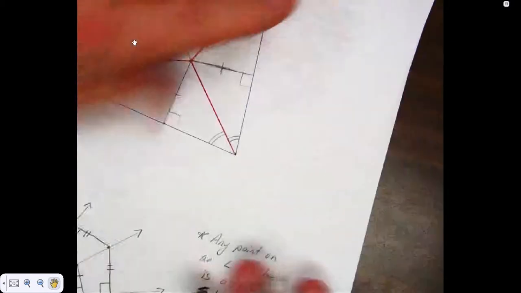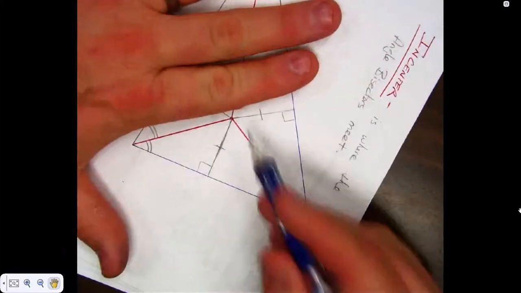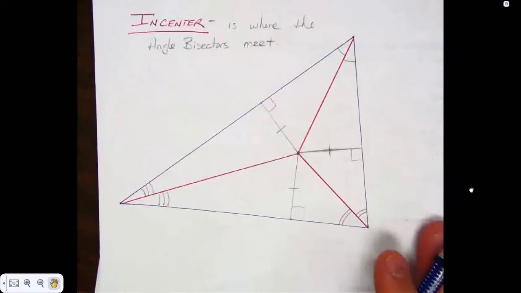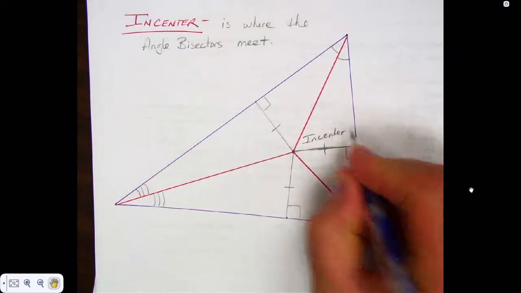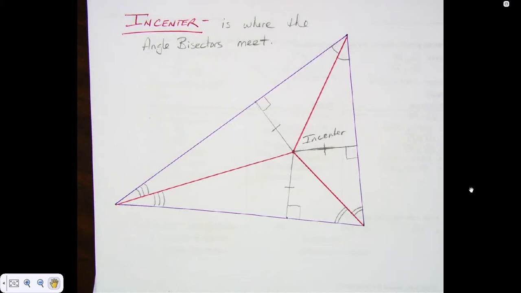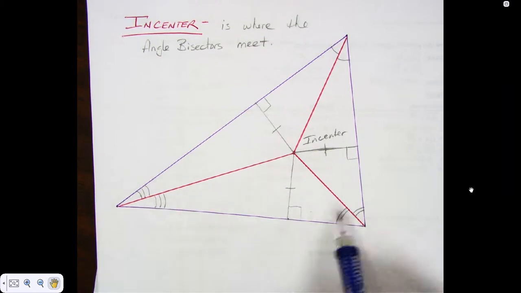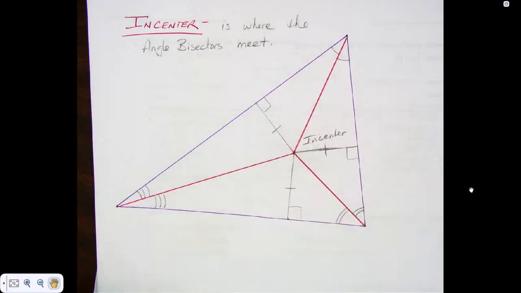Angle bisector, these distances are equal. An angle bisector, these distances are equal. So, when I say that this is an incenter, what are all the things I tell you are true? I tell you that what? These are all angle bisectors, so that cuts them in half. And I say that the perpendicular distance is what? Equal.